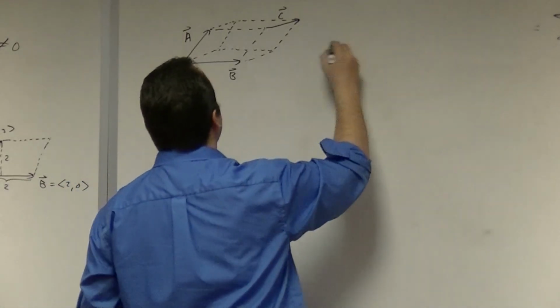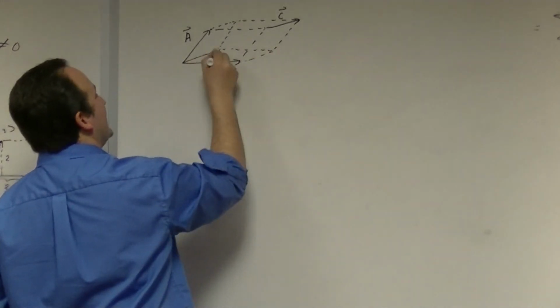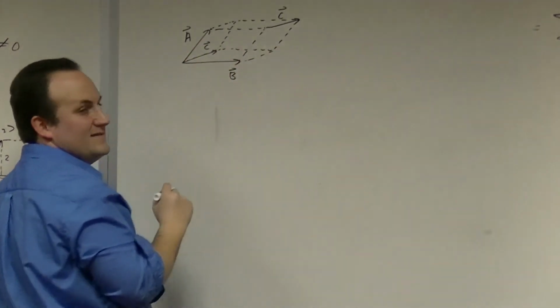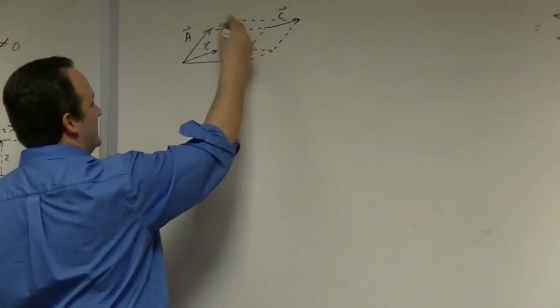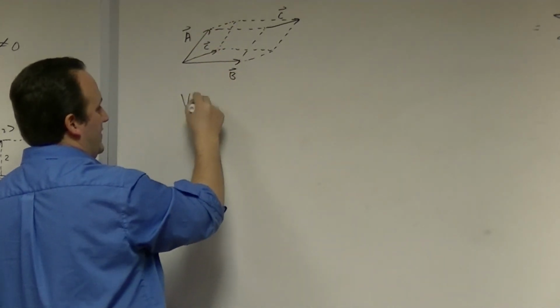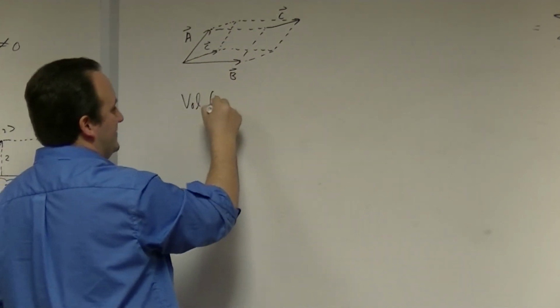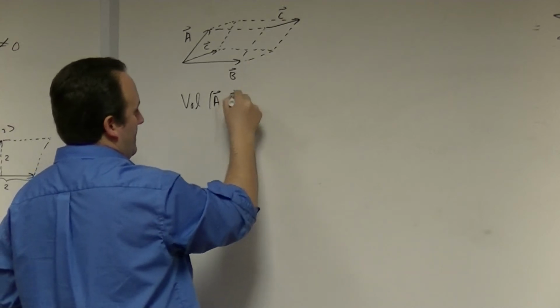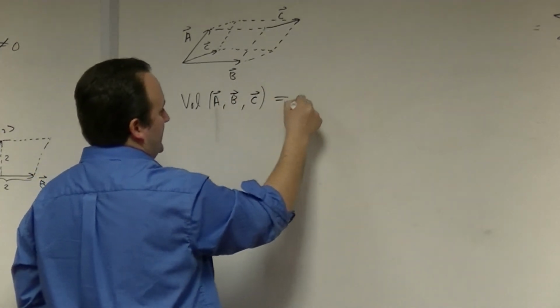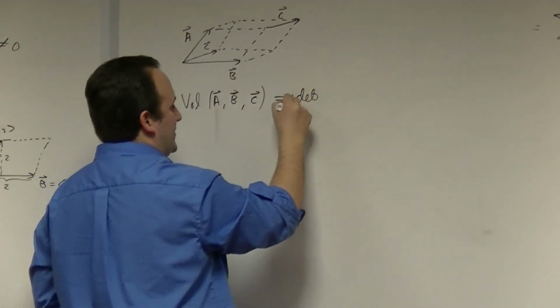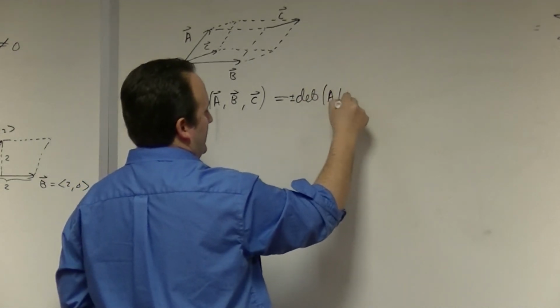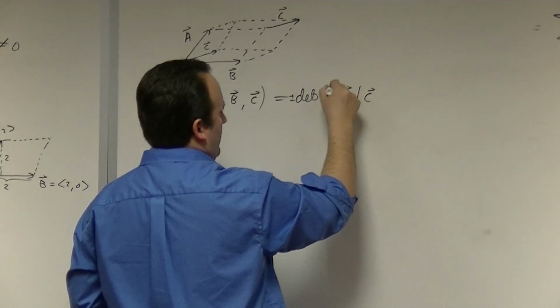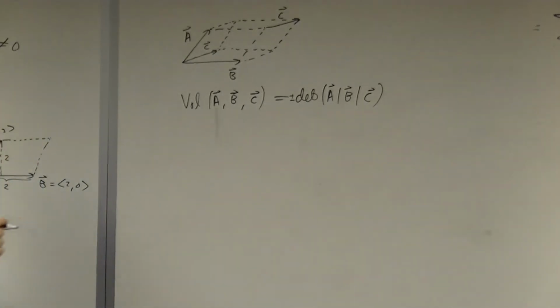So C could also be put back here. The volume of this shape with sides A, B, C would be plus or minus the determinant of A, B, C. The signs, in this case, plus or minus, again, are tied to the question of orientation.